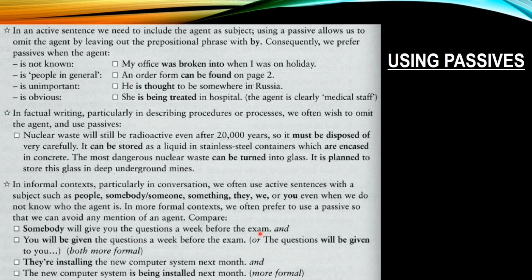And if we want to make it formal, it will look like this: You will be given the questions a week before the exam. Or: the questions will be given to you a week before the exam. So examples with the passive are more formal than examples with the active. The usage of somebody, something, they, or the passive voice depends on the context and the circumstances in which we use this or that form.